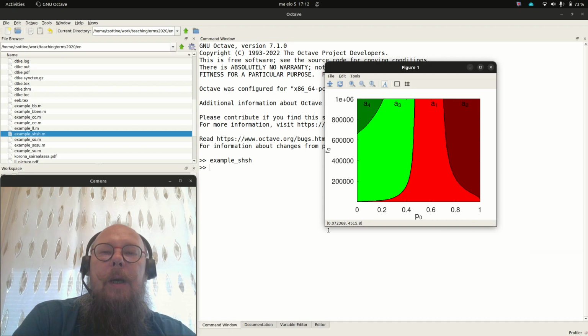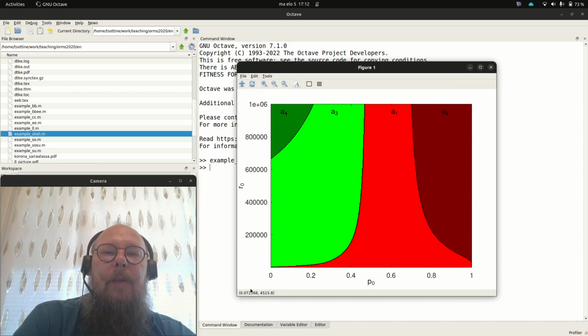So what is the interpretation of the picture? We have p0 here on the x-axis and r0 on the y-axis. If p0, the koala Ebola probability, is 0, then we are here, and if it's certain, then we are here. And these are A1, A2, A3, and A4, the choices.